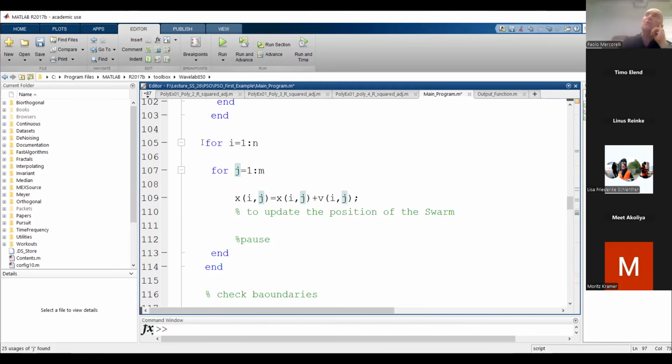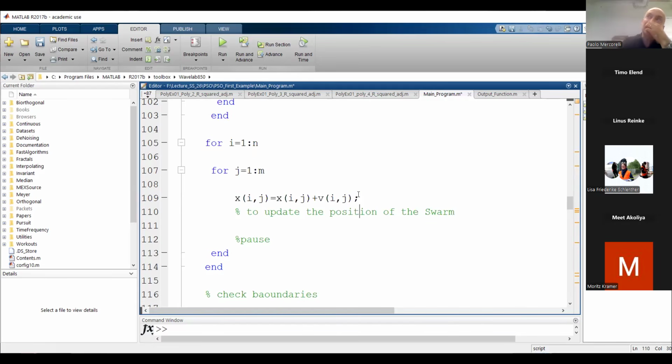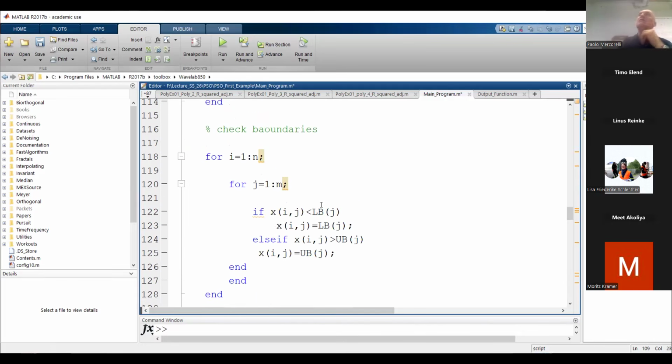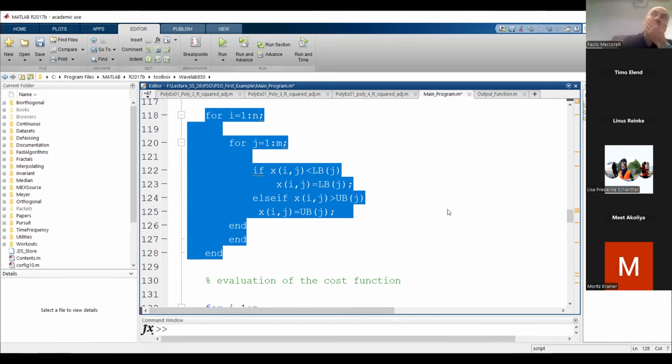Okay, and then I update the position, considering the velocity. And then look now, interesting, I will check here with this 2-4 loop if we are in the boundary or not. If we are in the boundary, I put the boundary.